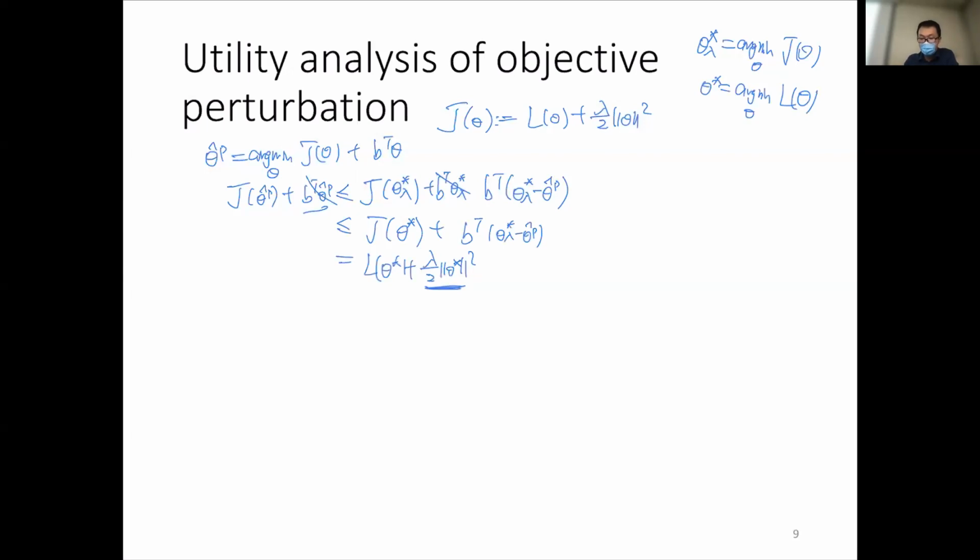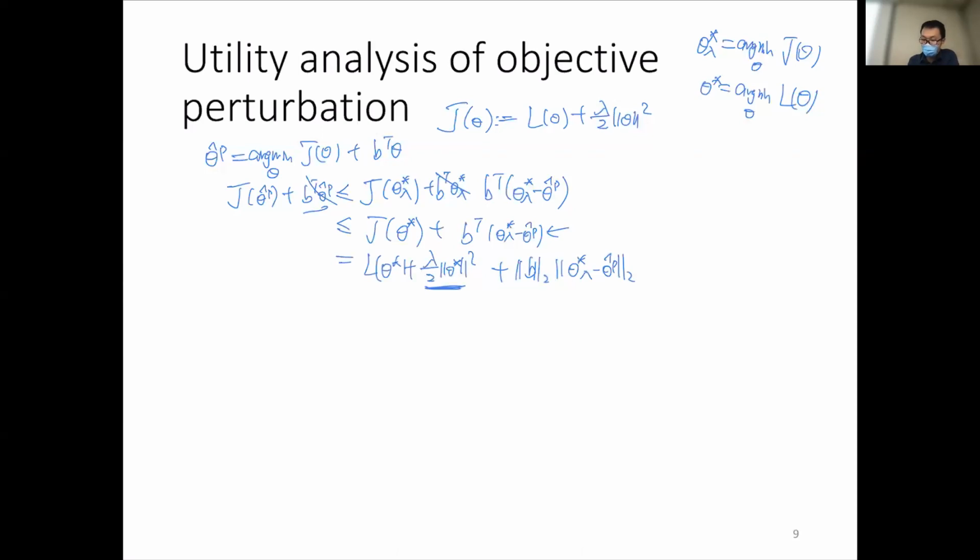Now what we need is one way for us to handle this factor, this inner product. So what we're going to do is just apply the standard Cauchy-Schwarz inequality by bounding this with the Euclidean norm of the difference and the magnitude of this noise.